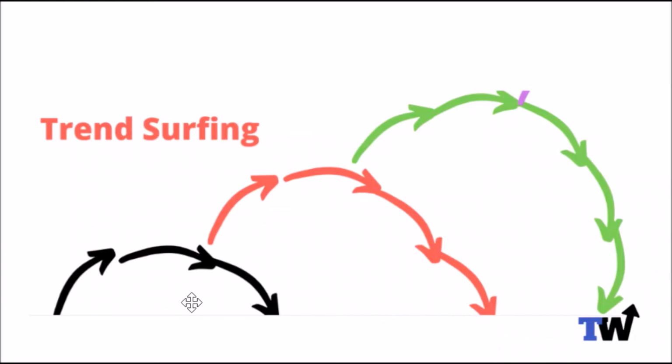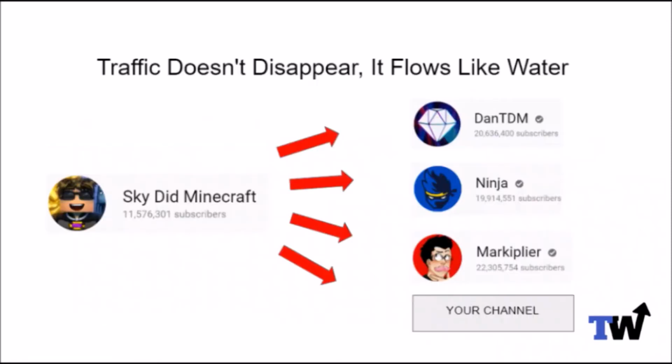And this doesn't only apply to the gaming niche; it applies to every single niche out there. If you research the top competitors within your niche over the past few years, you're definitely going to see this. And you need to understand that traffic does not disappear, it flows like water.